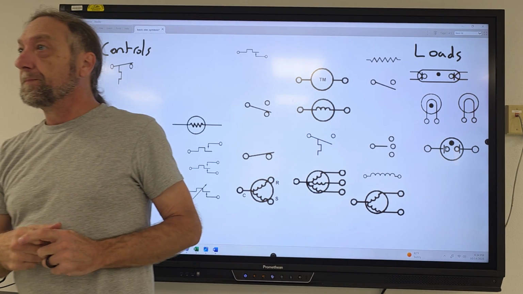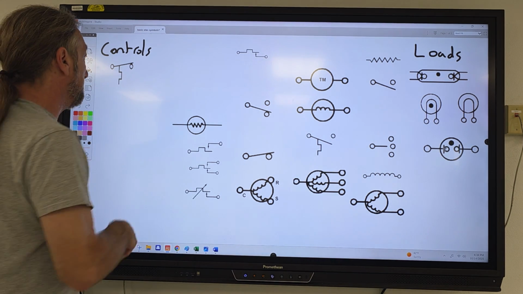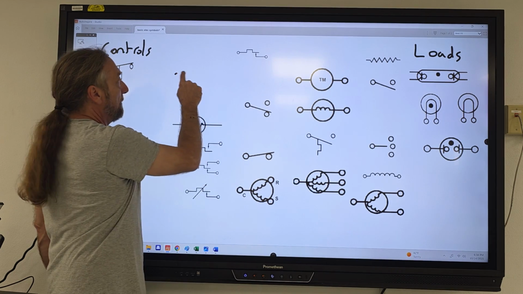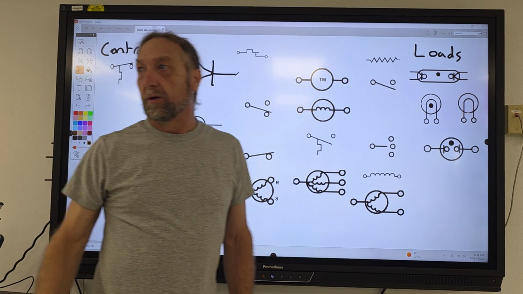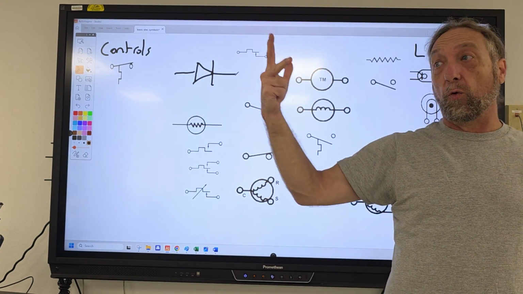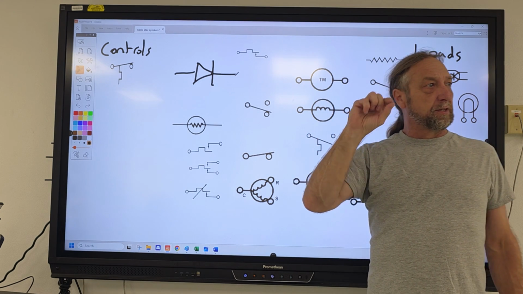You got a question? So the LED light was considered a regular bulb light? No, actually an LED light, I didn't put it here because I don't have it in my list of symbols, but an LED light is a diode. Light emitting diode. That's what the letters LED stand for. Those are like your little Christmas tree lights.